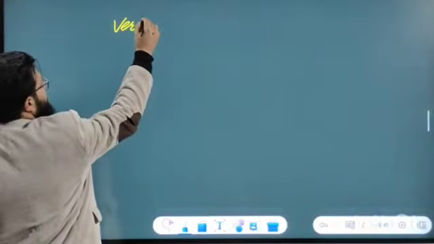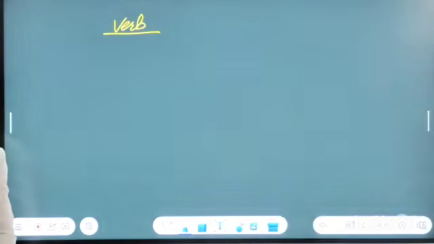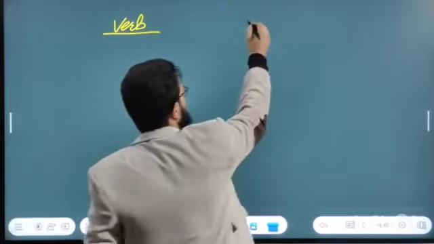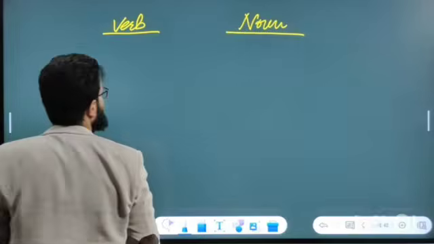Once again, verb. What one significant element defines verb and differentiates it from noun? Action. Yes? Any other thought? Any other idea? If I tell you, okay, let me put it like this.